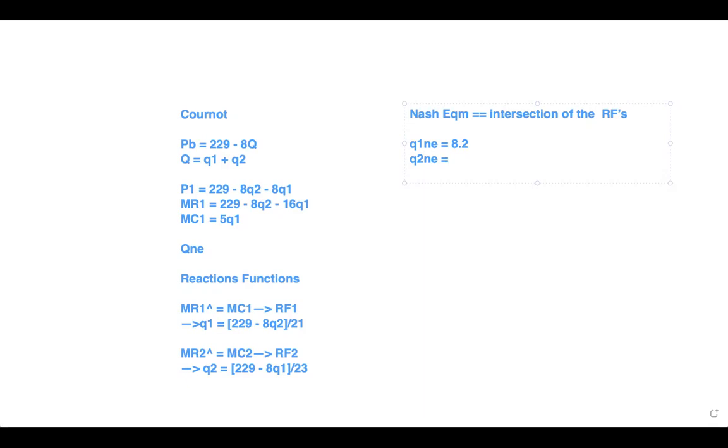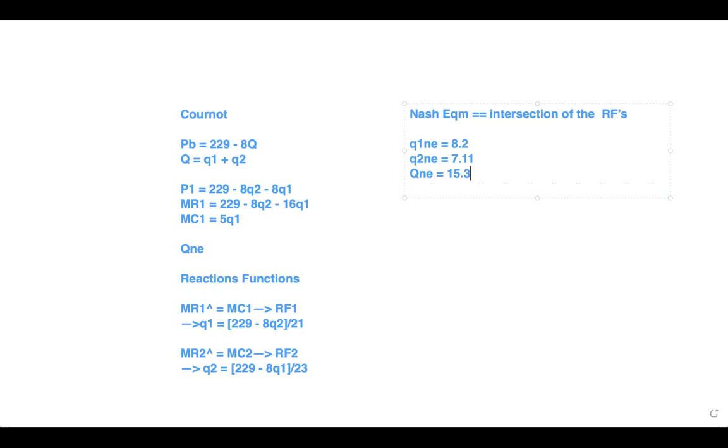So now notice, remember, Q1 has a smaller marginal cost, so we would expect in the equilibrium that they would produce more output. So I'm guessing your Q2 NE is something less than 8.2. It is. What'd you get? 7.11. 7.11. And then we just add those together, and you got your Nash equilibrium industry quantity to be, what is it, 15.31?